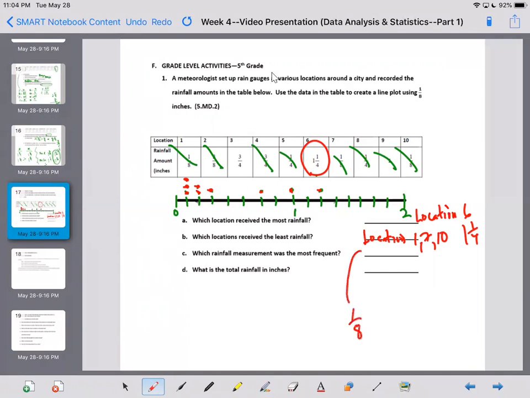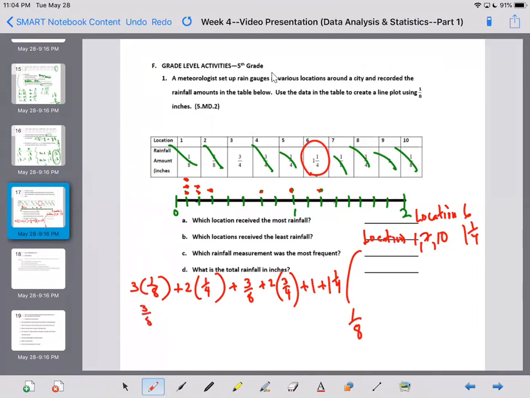And what was the total rainfall in inches? Well, now we're just adding up everything. So we saw that we had 3 1/8 inches plus 2 and 1/4. We had 2 1/4. We had 3/8. We had 2 3/4. And we had a 1, and we had a 1 and a 4th. So this will be 3/8 and 2/4 and another 3/8.